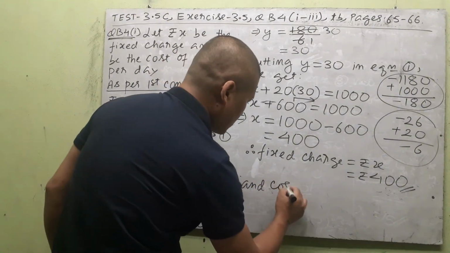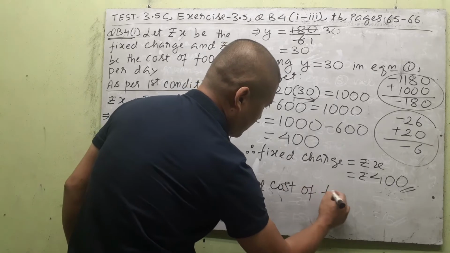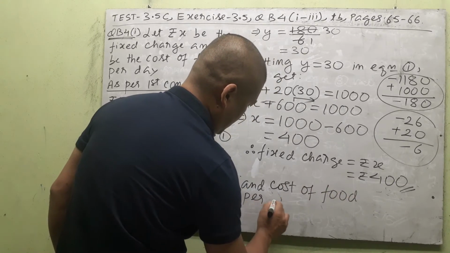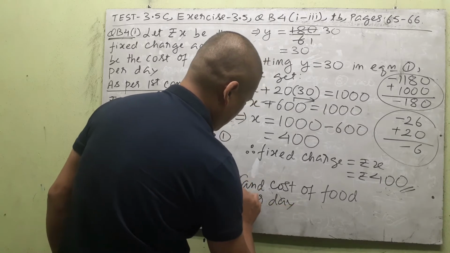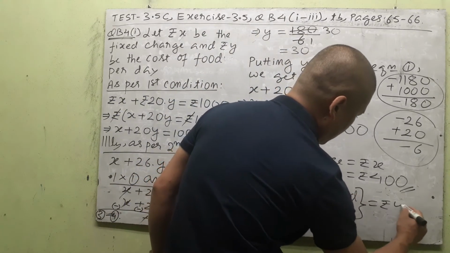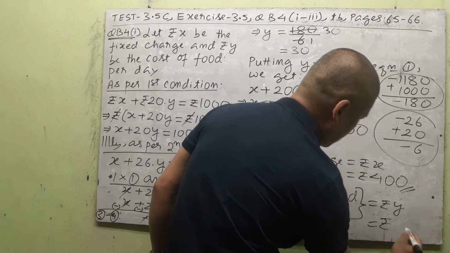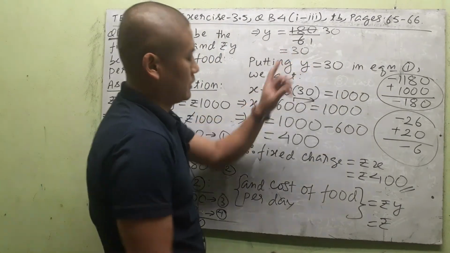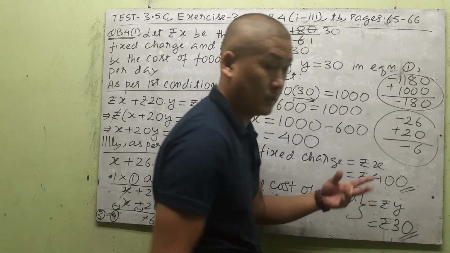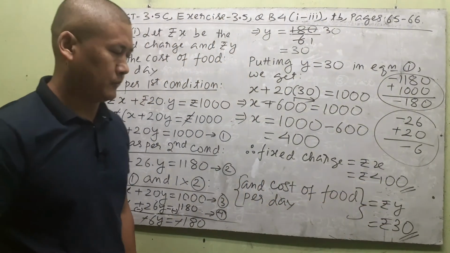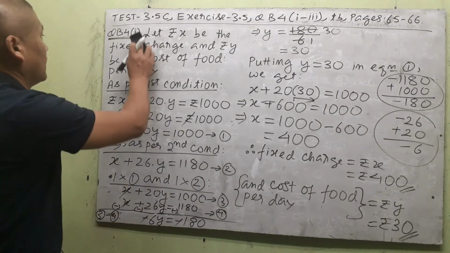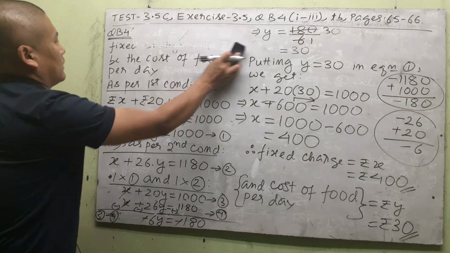Cost of food per day means in one day the cost of food is rupees y, so we can write the y value we got here. So for each day the food charge is rupees 30, which means 2 days 60 rupees, 3 days 90, and it goes like that. That's your answer. Okay, next let's go to the next one.